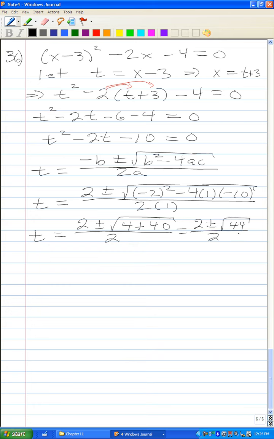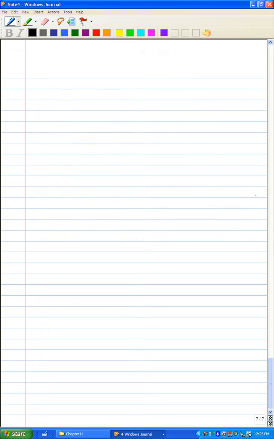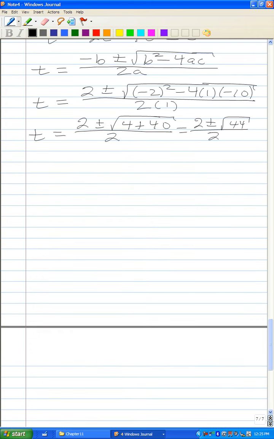Now I can rewrite 44 as a product of two factors, one of which is the largest perfect square factor of 44. And so let's write this as t is equal to 2 plus or minus the square root of 4 times 11 over 2. The square root of 4 is 2. So let's factor out the 2.